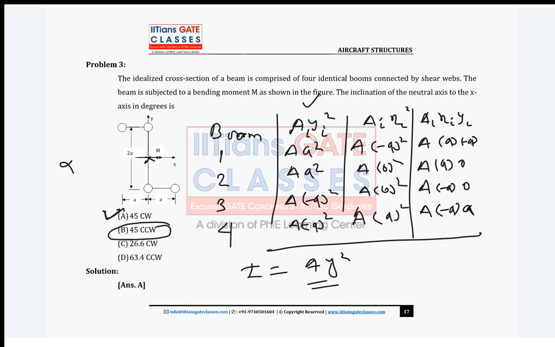Clockwise 45 degrees is the answer. Yeah, this is 1, this is 2, this is 3, and this is 4. Guys, do it as homework. Okay?